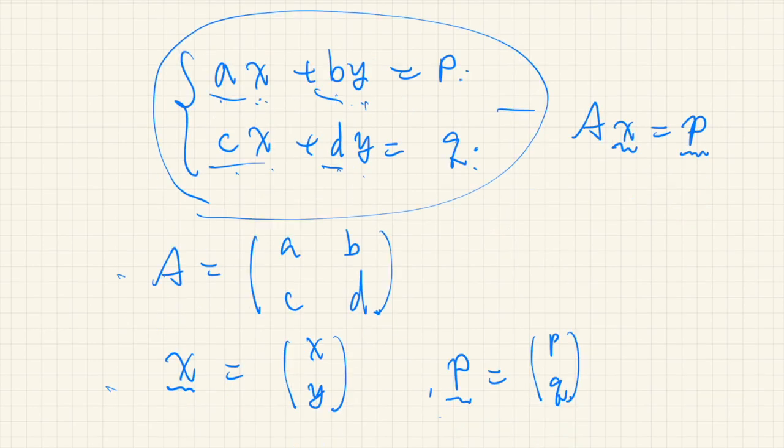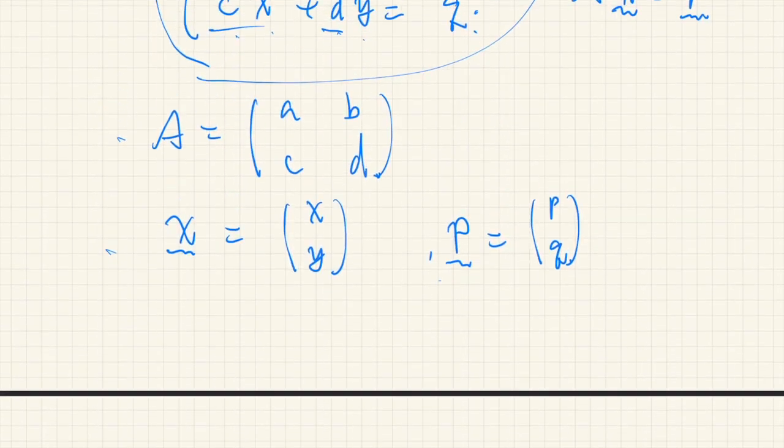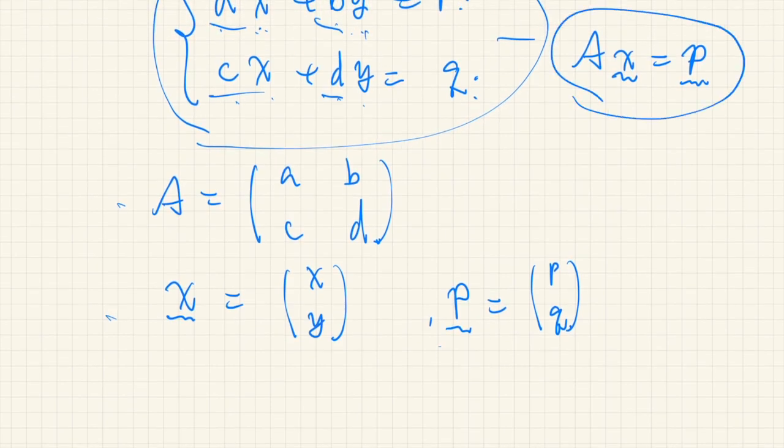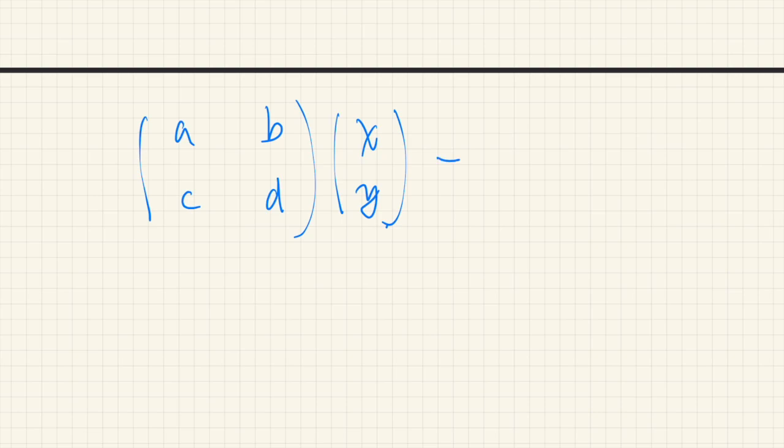Why is that so? Let's see this one more explicitly. So [a b; c d] times [x; y]. Let's calculate this. This is a 2 by 2 matrix, and this is a 2 by 1 matrix, so they can be multiplied, right?